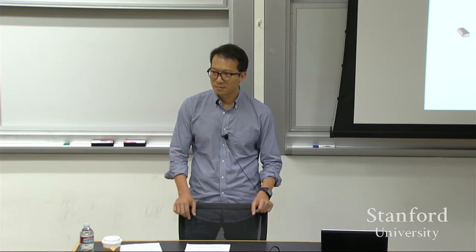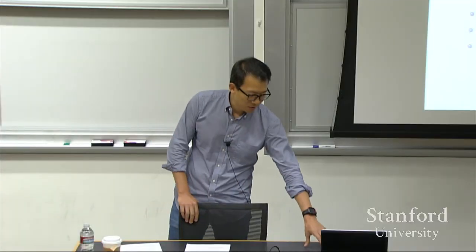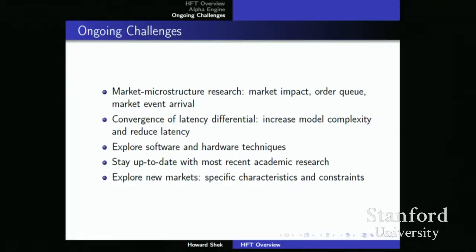But if it's not scalable, the fund cannot earn much money from it, so why is it still useful? One way to scale is to explore new markets. That's one very important thing that we're constantly doing. As new markets open up to electronic trading, if not the first one, we want to be there as early as possible.